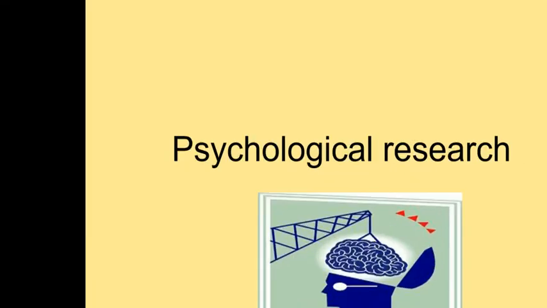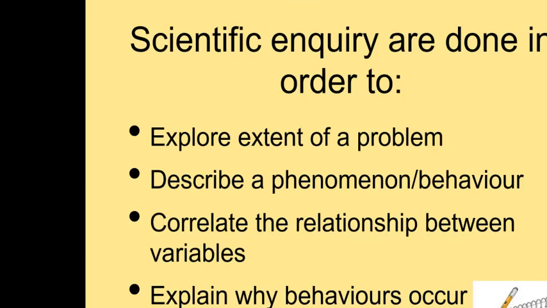So what does this mean? Scientific research has a number of purposes: to explore the extent of a problem. So it asks questions, for example, what is the extent of depression within first year university students, or after the disruptions on campus, we could ask the questions of how many first year students are traumatized, etc.